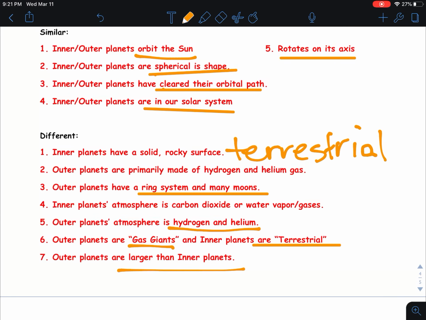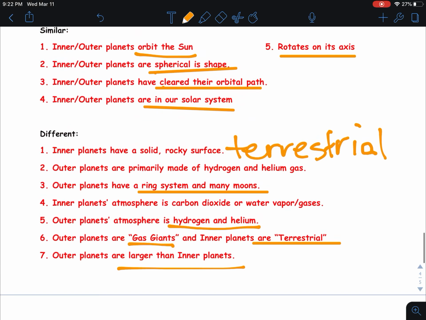You know, be thinking about, can you stand on it? Is it a rocky surface or is it made of gas? Be thinking about the atmospheres. Are they carbon dioxide? Are they hydrogen and helium? Don't forget about the methane in Uranus's and Neptune's atmosphere, which makes it blue.